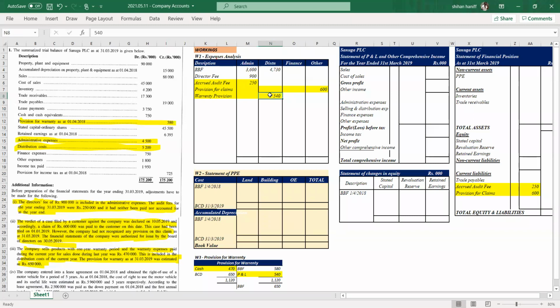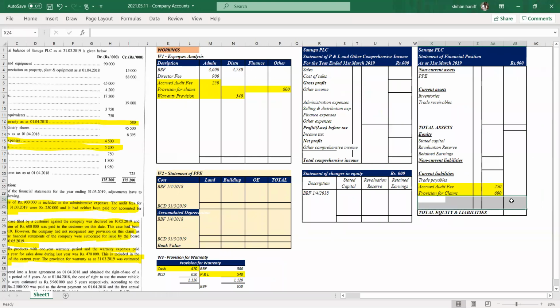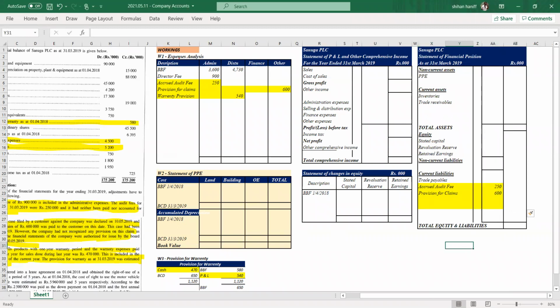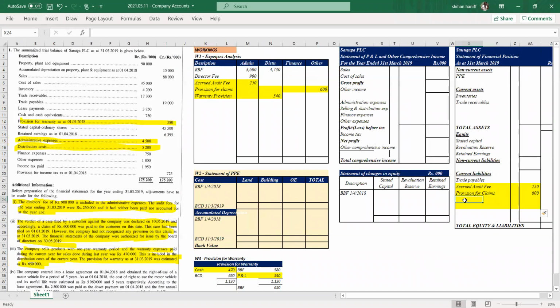That is the expense. And under current liability, provision for warranty 650. The closing balance goes to current liability.